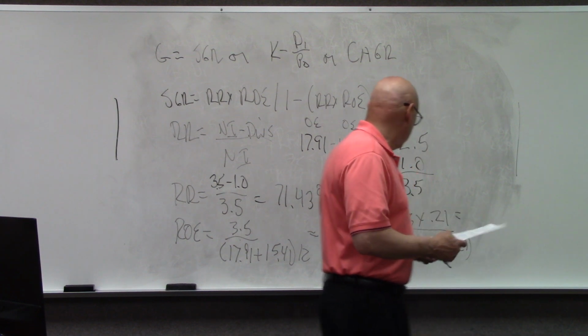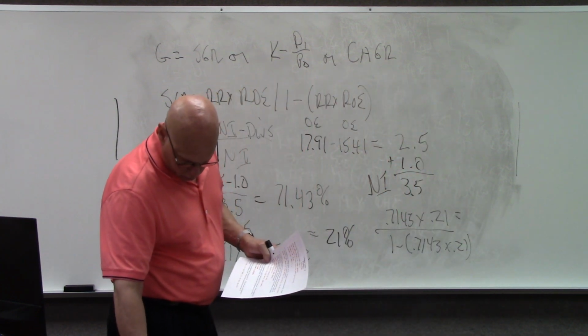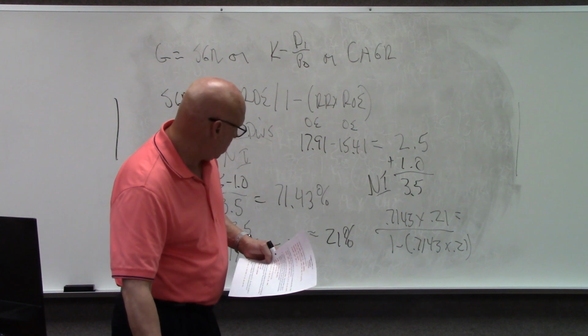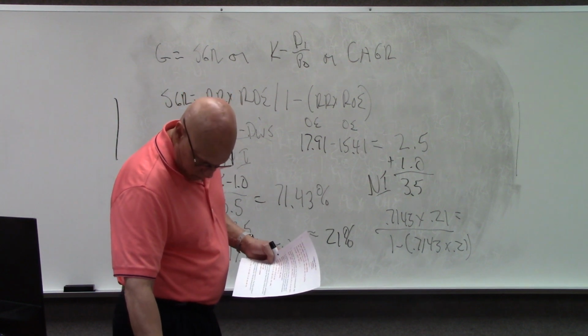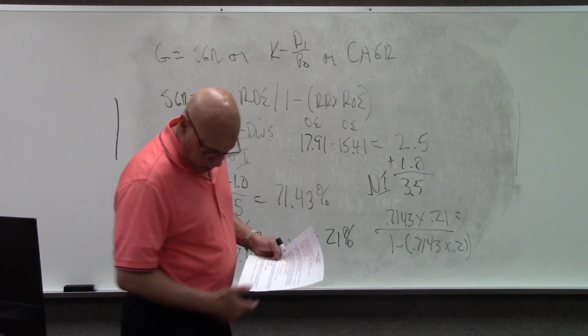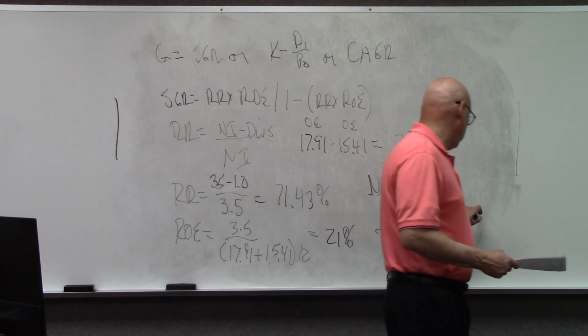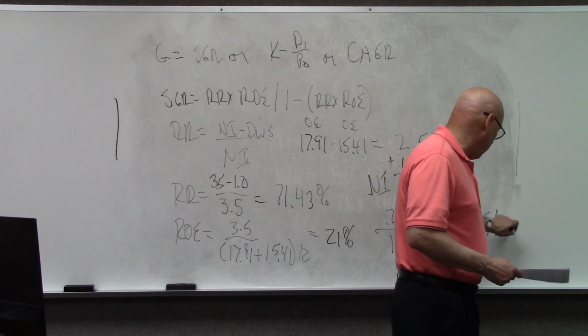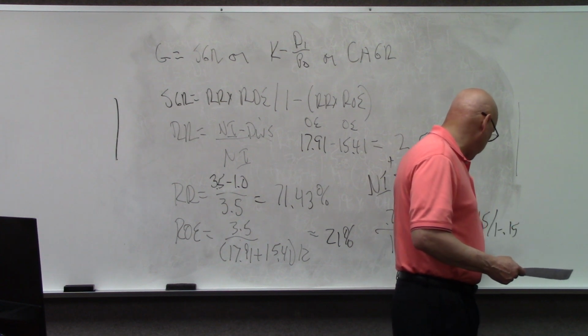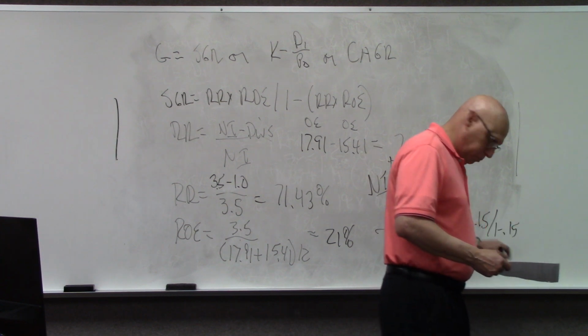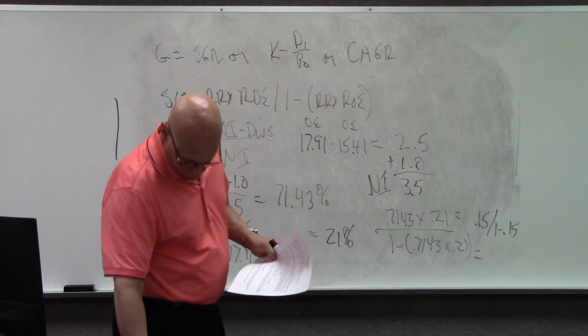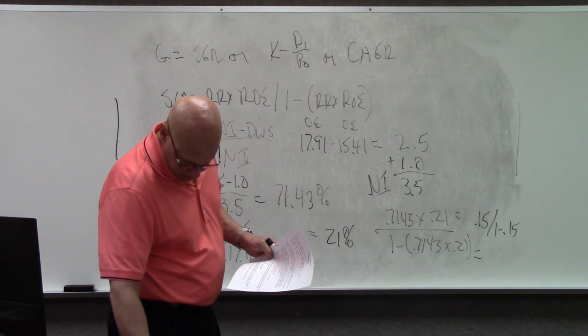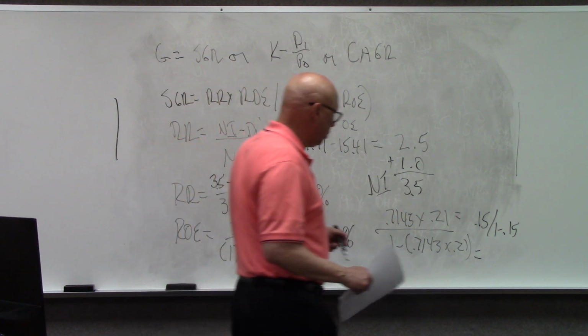So 0.21 times 0.7143 is 15%, divided by 1 minus 0.15. 15% divided by 0.85. 0.15 divided by 0.85 is 17.65%.